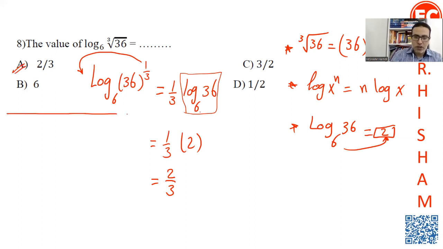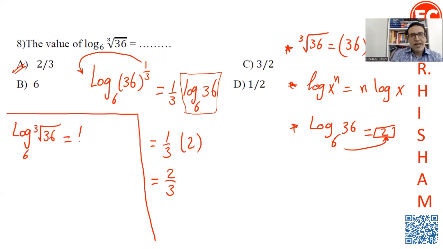Let me show you another solution. It may be a little bit difficult, but you may understand it. Logarithm base 6 of the third root of 36. I can rewrite it as log base 6 of 36 to the power of one third, which can be written as 6 squared to the power of one third.